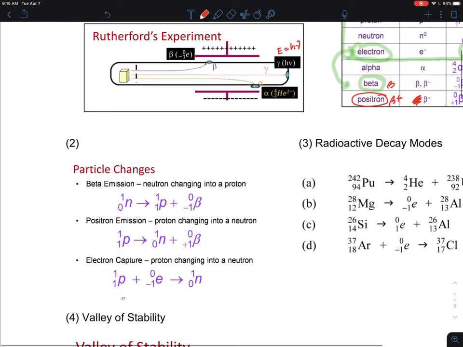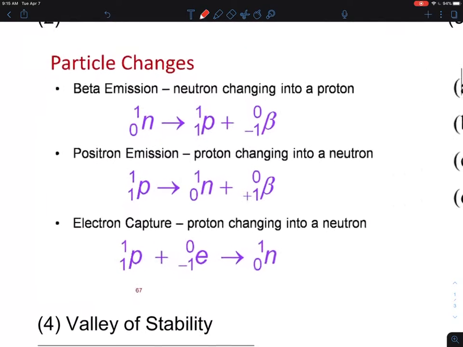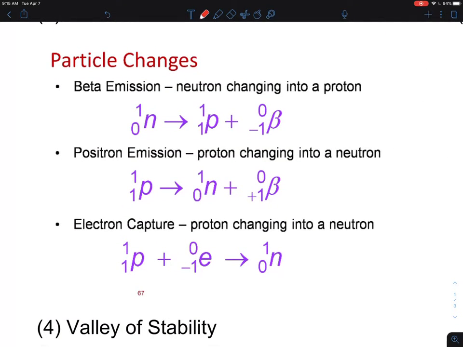This is good, I kind of borrowed some slides from Kathleen's class, and you start to familiarize yourself with this notation. Beta emission, okay, so electron emission. Electron, no mass, -1, right?